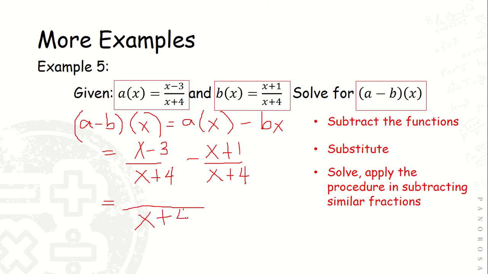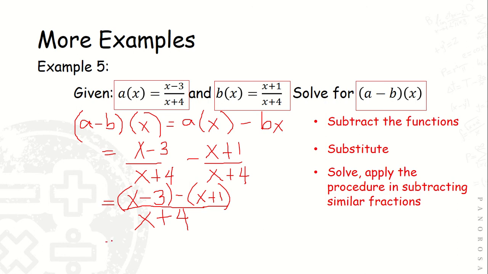And then we will do the operation in the numerator. So we have x minus 3 minus x plus 1. So again, we just copy the denominator x plus 4. Then we subtract the numerator, x minus 3 minus x plus 1.